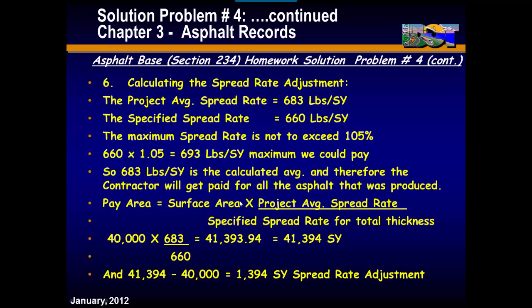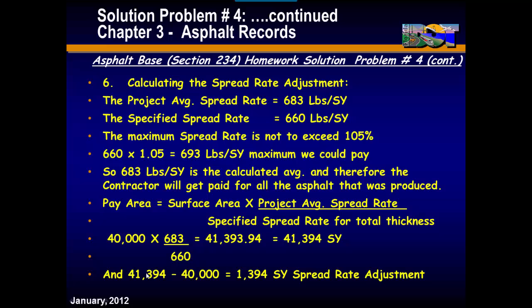So the pay area is the surface area times the project average spread rate divided by the specified spread rate. So our 683, our 660, and our surface area is going to be 40,000, which we can see in this next line. So surface area is 40,000 square yards times 683 divided by 660 equals 41,393.94, which is going to round off to 41,394 square yards.